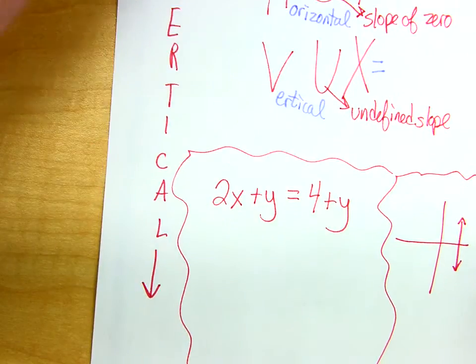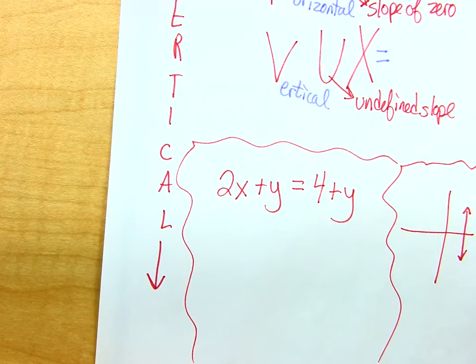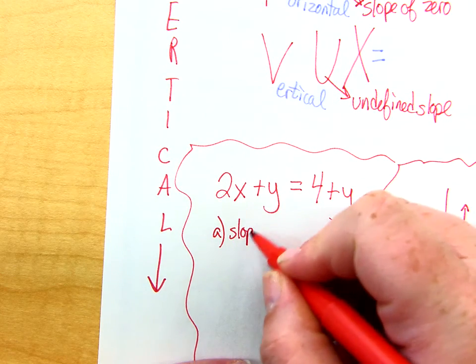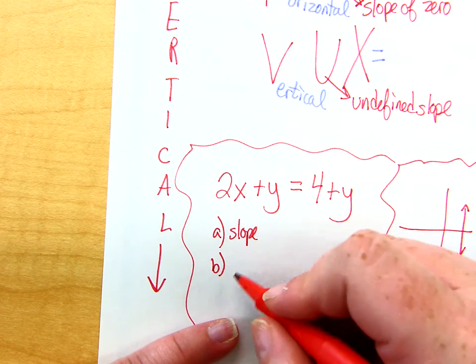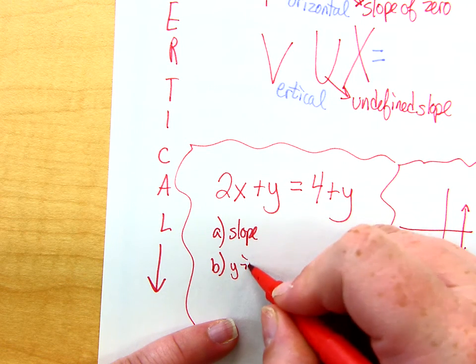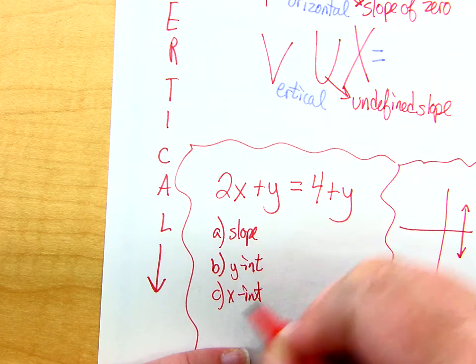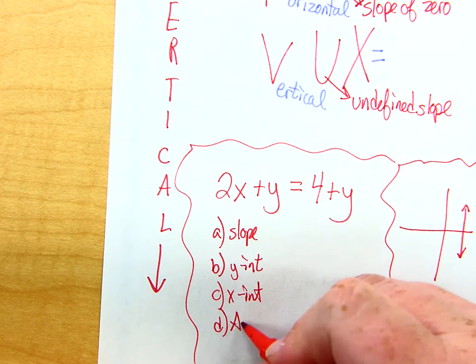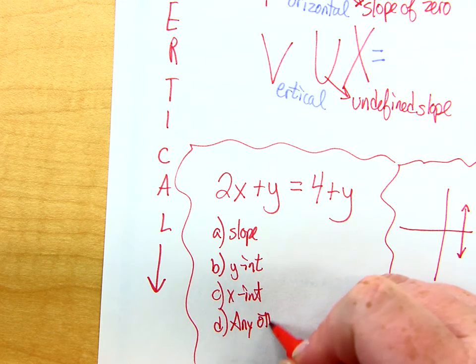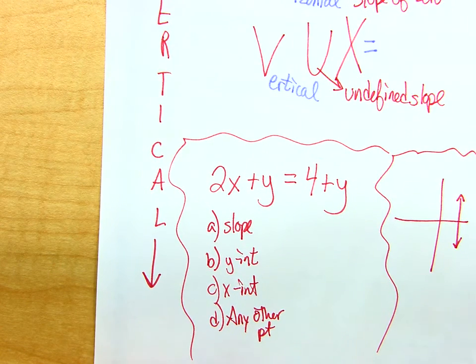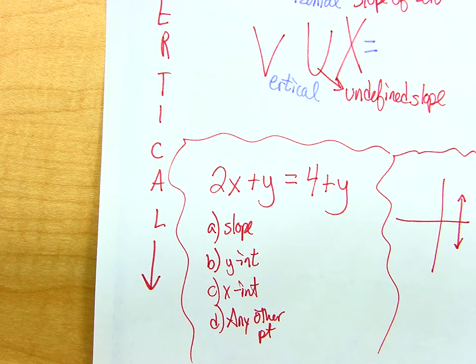Find me all 4 pieces, A, B, C, and D. A is slope. B is the y-intercept. C is the x-intercept. And D is any other point on the line. I'll give you a hint. You should try and simplify this equation first.